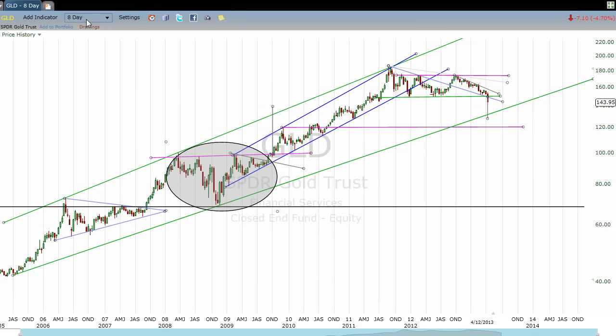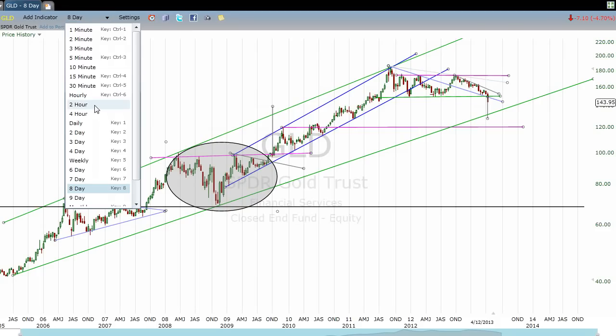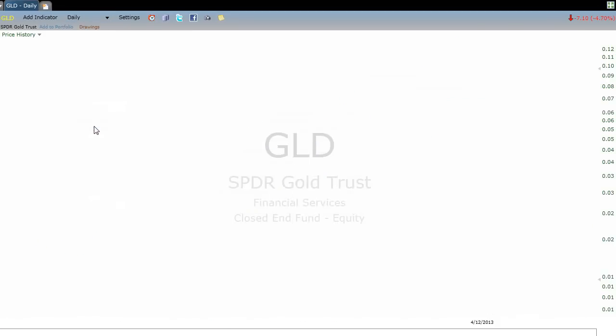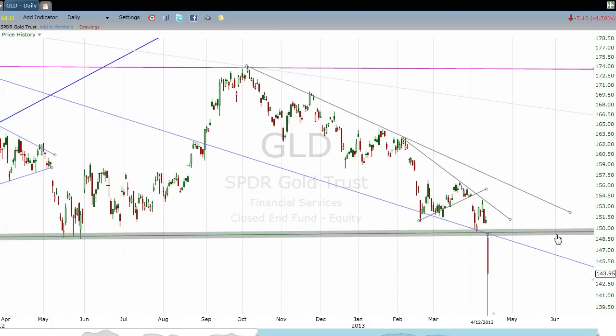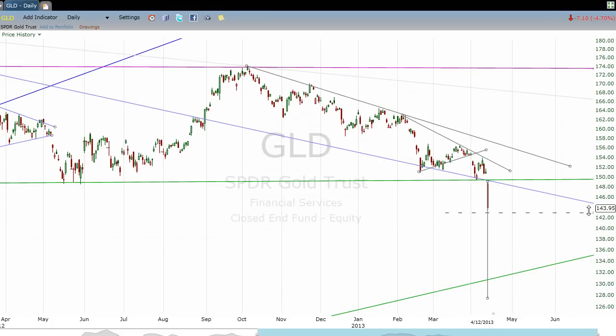Now you probably will get an eventual pullback, by the way. There will likely be a pullback to this 150 level, but whenever that happens, if you're trapped in gold, that's probably a good point to get out, especially if gold has come nowhere near to making that minimum expected target down around 127 in GLD.